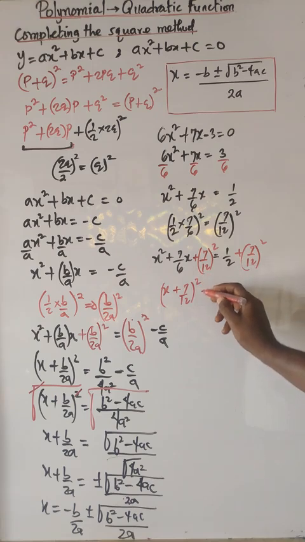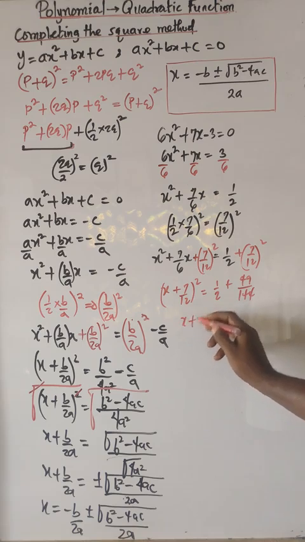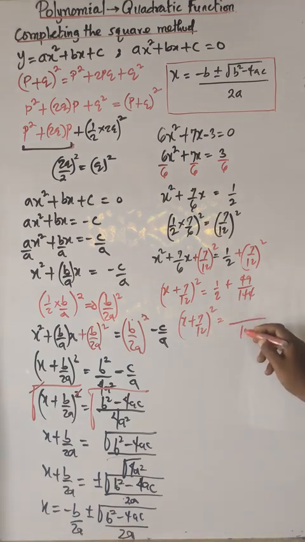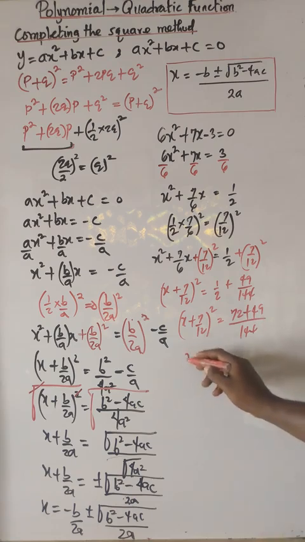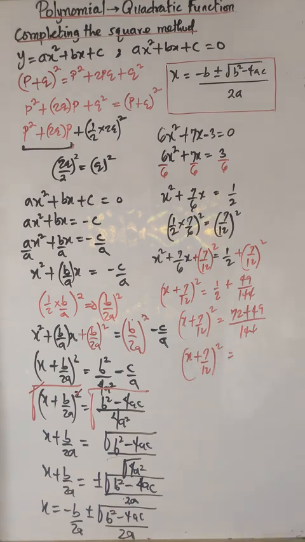All squared equals 1 over 2 plus 49 over 144. So here we have x plus 7 over 12 all squared equals, the LCM is 144. So 2 here is 72 times 1, 72. 144 here is 1 times 49, that's 49. So we have x plus 7 over 12 all squared equals 121 over 144.